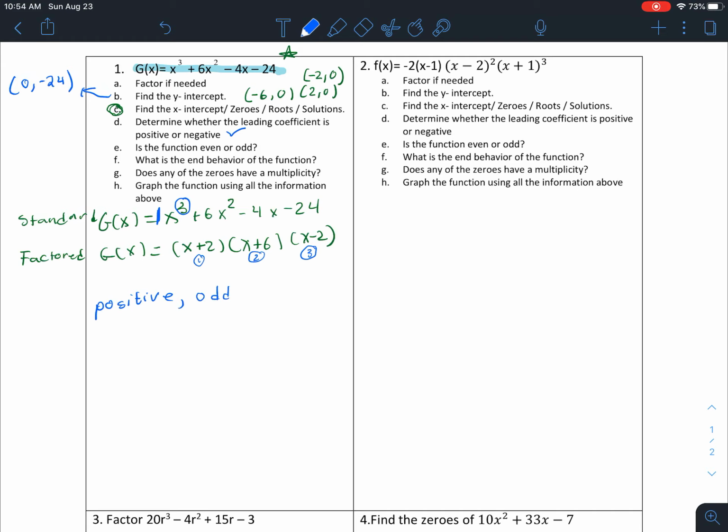And I hope that you remember that if it's positive and odd, it's going to look something like this. So I call this down, comma, up. We're going to start our graph down and we're going to end up. So this is the end behavior aspect of the problem.